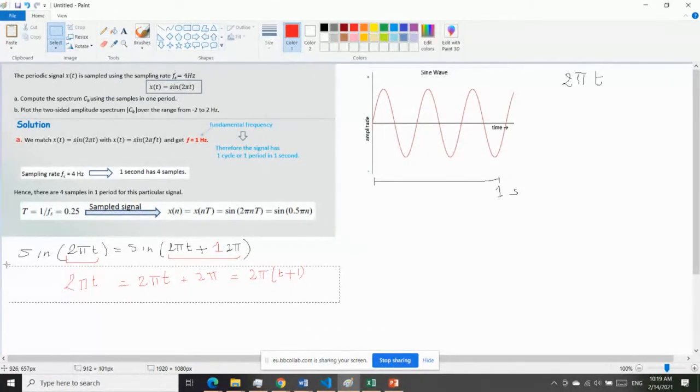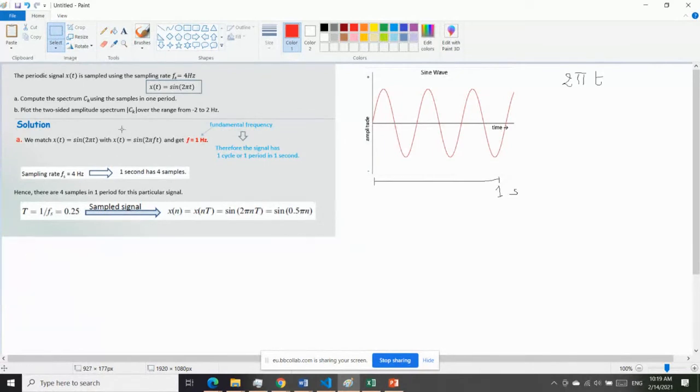So what we want to know is the period T. So sine of 2 pi t is equal to sine of 2 pi (t plus the period T).